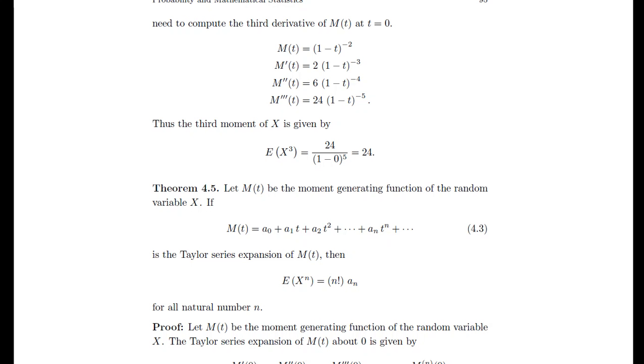Thus, the third moment of x is given by the expected value of x cubed, which is equal to 24 over 1 minus 0 to the power 5, which is equal to 24.